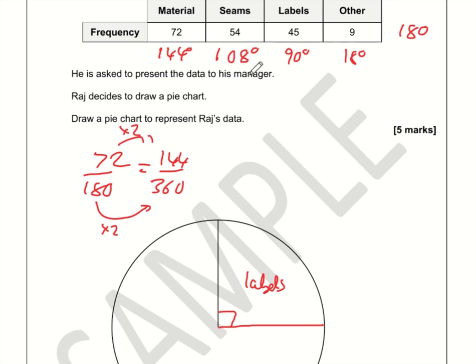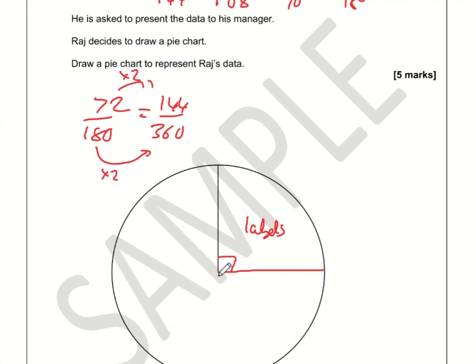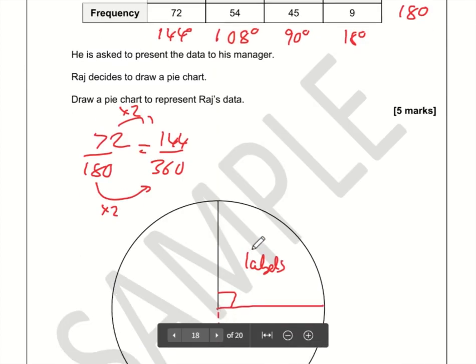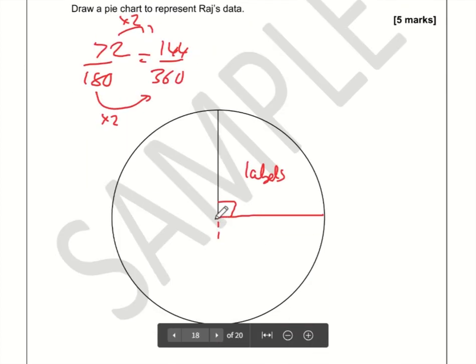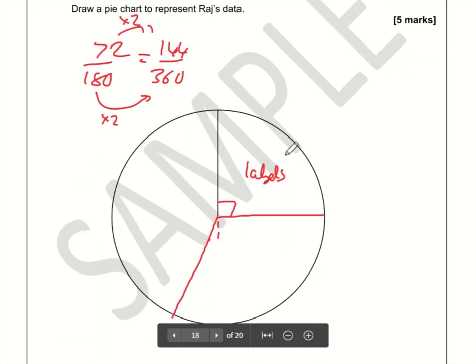So 108 is just a little bit more than a right angle. So if I imagine this is 90 degrees, then 108 is just going to be a little bit more. So this is just an approximation. So this is my 108 degrees, and that was for seams.